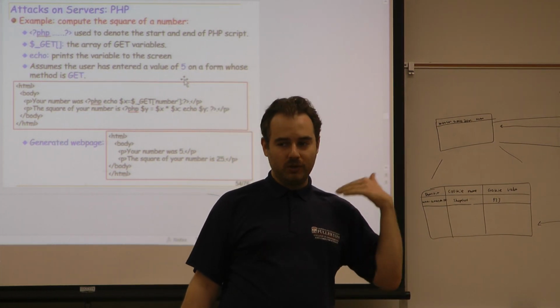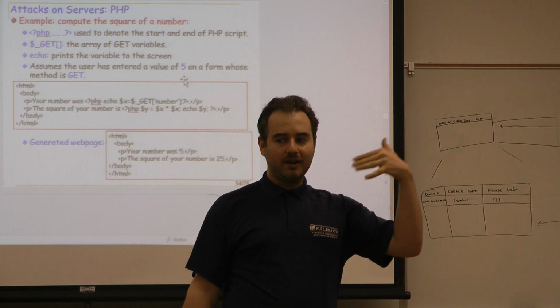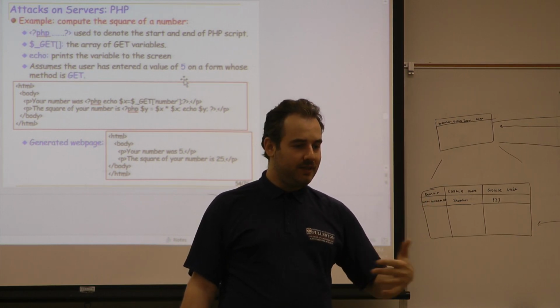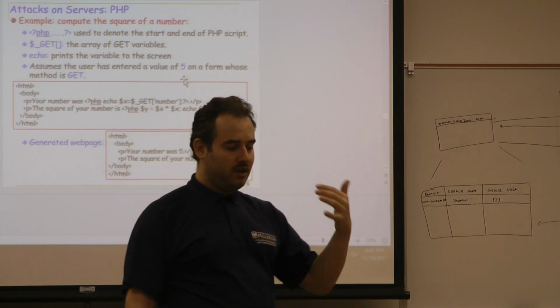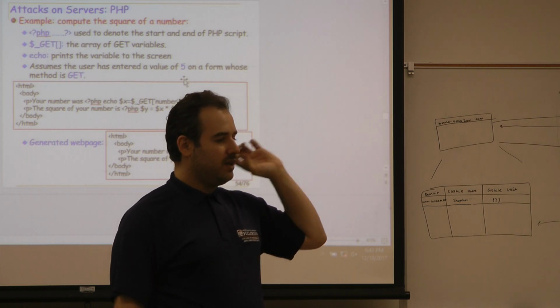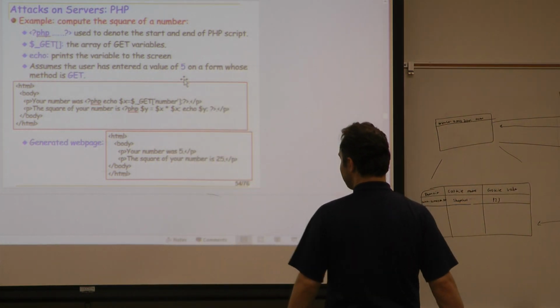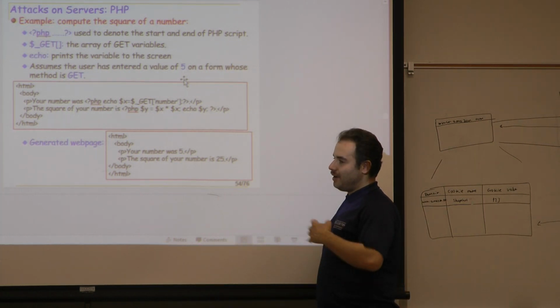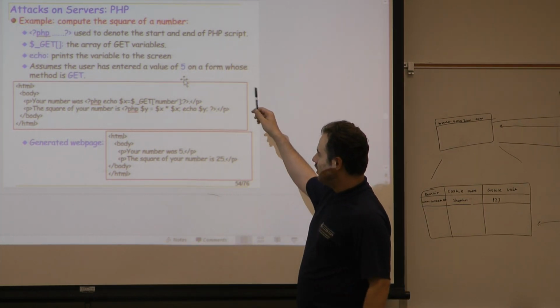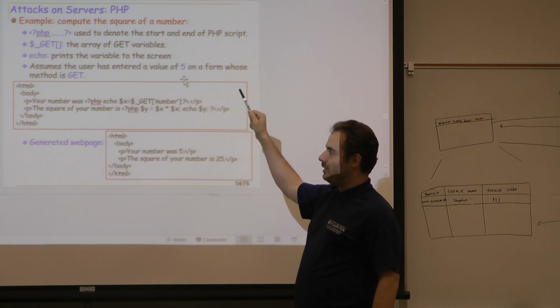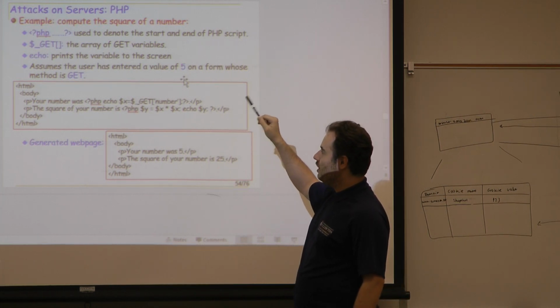The scripting module written in PHP will take that number, compute a square of it, and then generate an HTML page containing the square and send it back to the client. The way that PHP works is all of the PHP code must start with <?php. Okay?